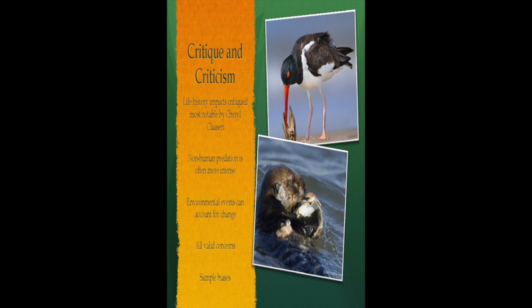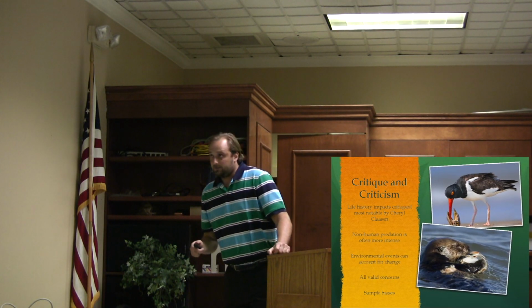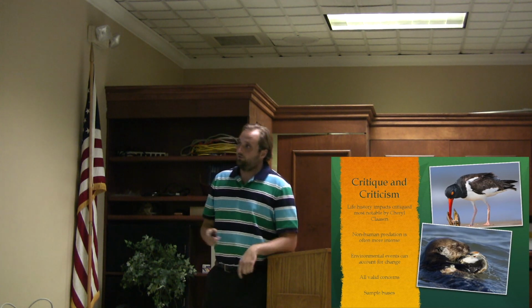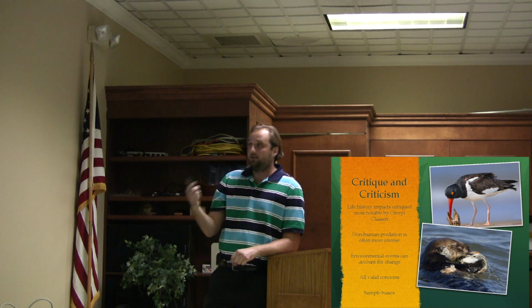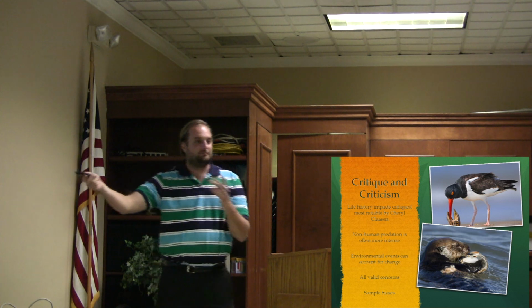All right, especially with the life history, there hasn't been so much critique of the trophic level thing that I got into, but this molluscan life history has been critiqued by a shell guru in Florida archaeology named Cheryl Clausen, and she's got a lot of really valid points. She'll say, okay, you're seeing these impacts maybe, but a lot of times predation from other animals is more intense than that of humans.